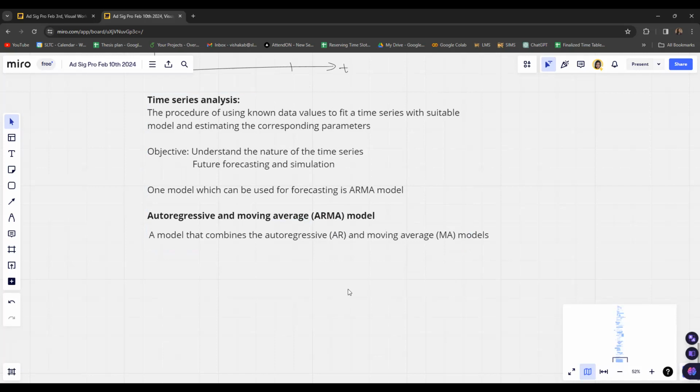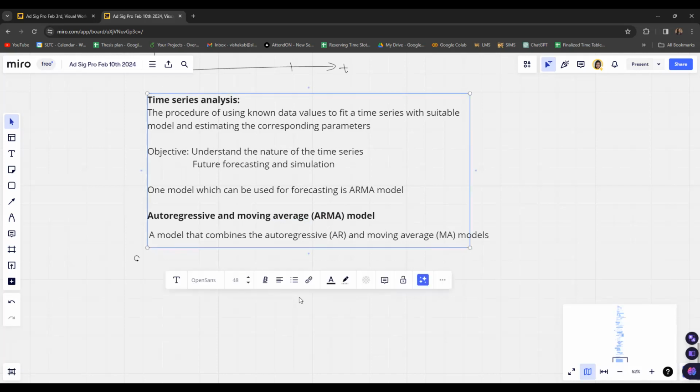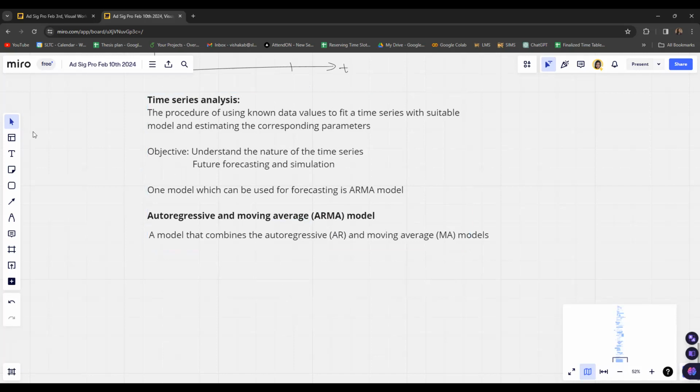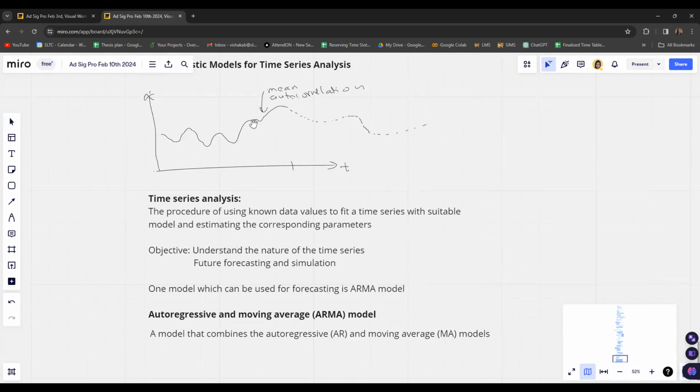And also we are assuming some things in this forecast. We are assuming that the time signal that we are observing is a stationary signal. So what do we mean by stationary?